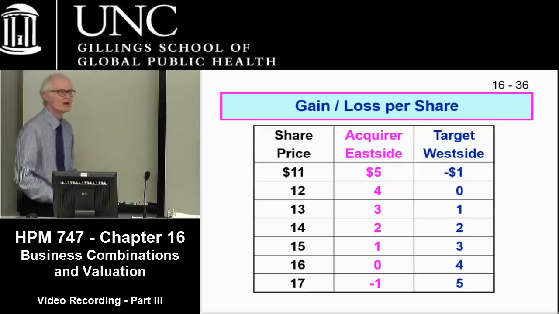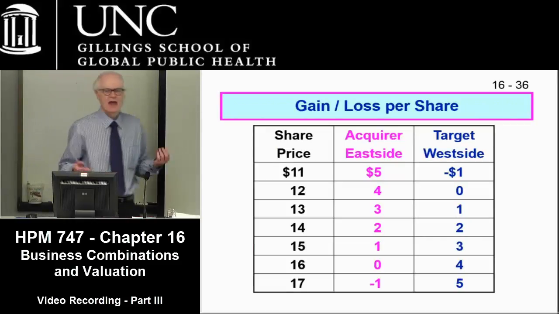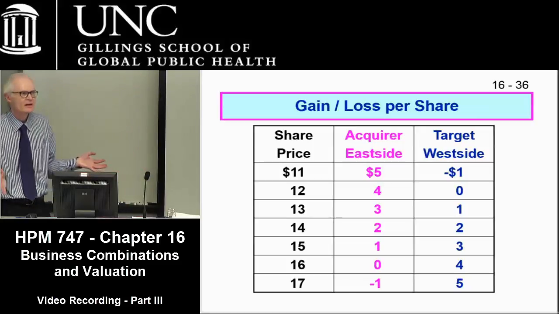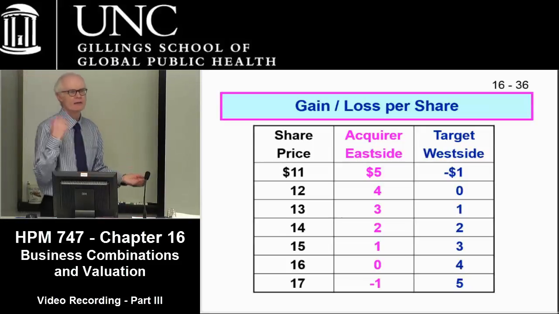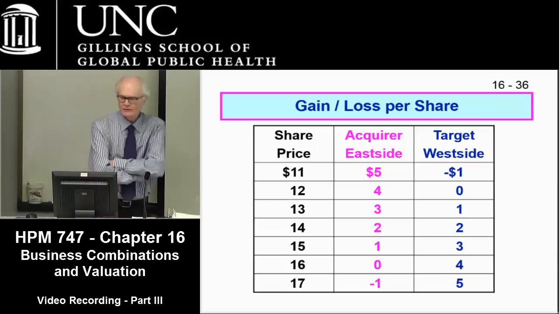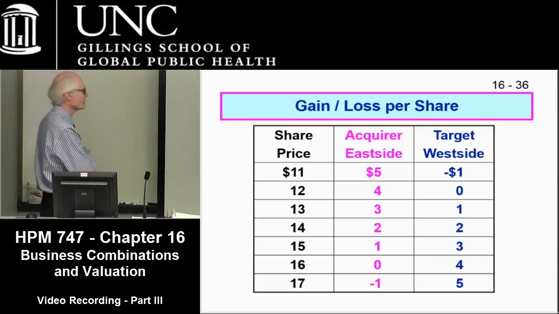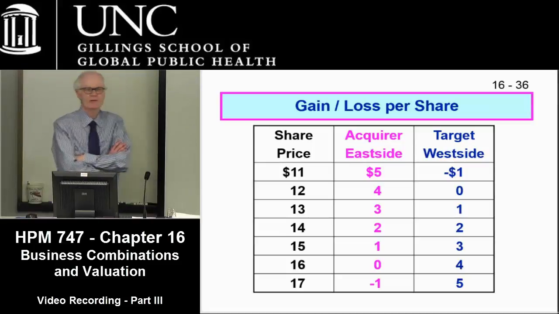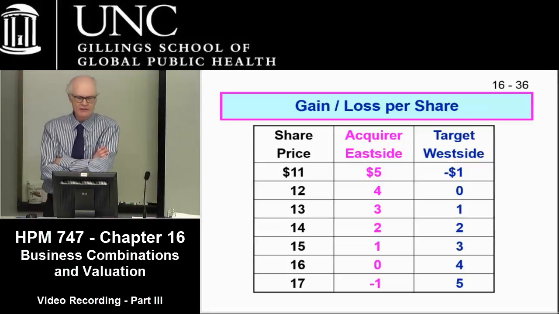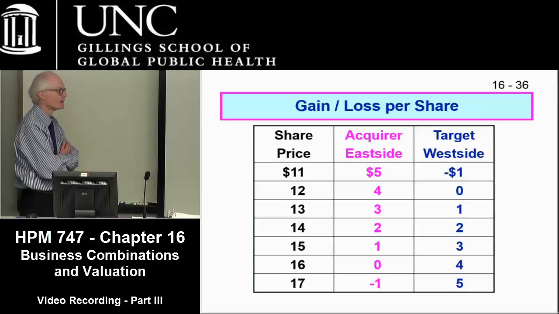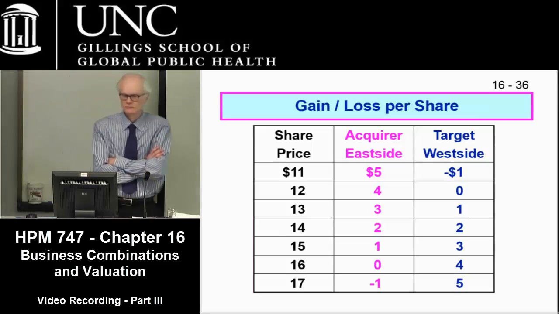So now we come to what does it actually trade at? And that's where we get involved in a dance. And the dance is between the acquirer and the target. So what does this table show you? That if the share price is actually sold at 12, if Eastside acquires Westside for $12 a share, which is what it's currently trading at, who wins?